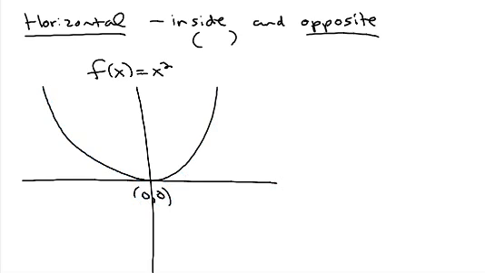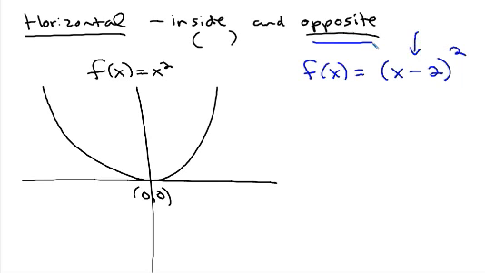If you see a quadratic function written this way, f of x equals x minus 2, the quantity squared, now it has some parentheses, and we have this minus 2. Remember what I said about it being opposite?